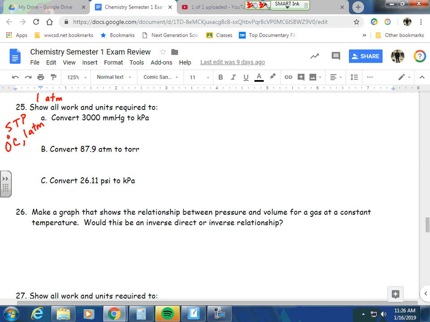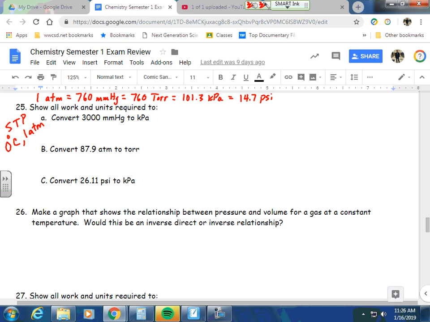Okay, so we start with 1 atmosphere. We could say that's equal to 760 millimeters of mercury, which is the same thing as 760 torr, which is also equal to 101.3 kPa, which is also equal to 14.7 psi. Okay, so there's some different units we can use for pressure.